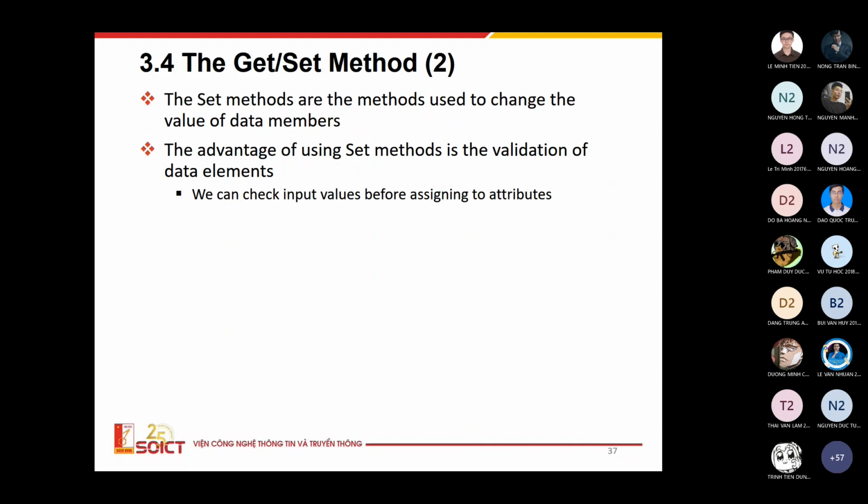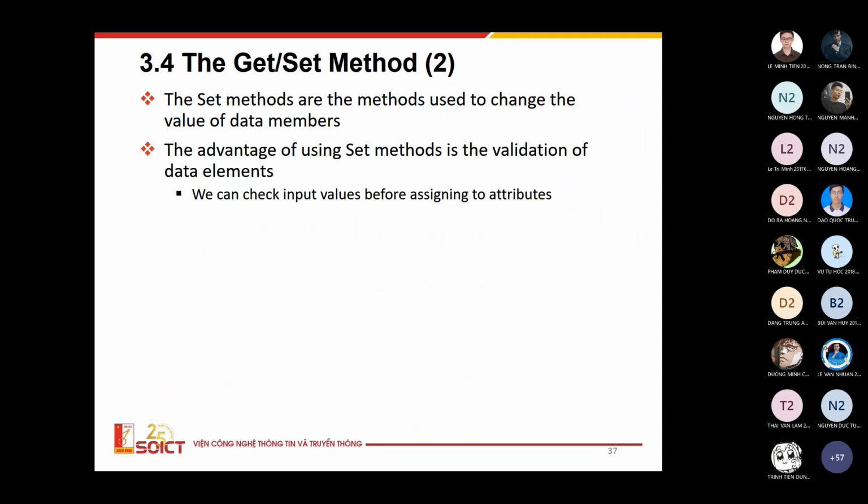Now we talk about the get and set method in the class. You know already that we can define some methods in the class to get and to change the value of the data.